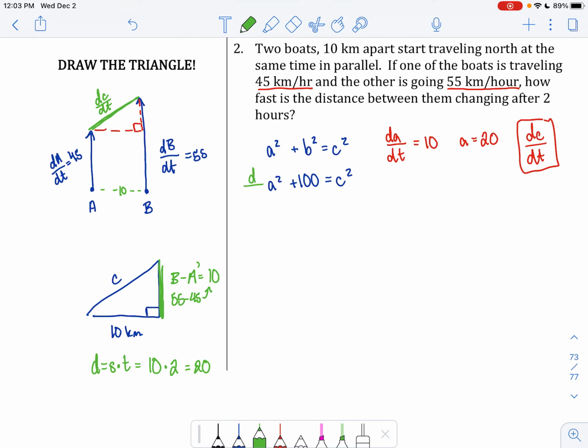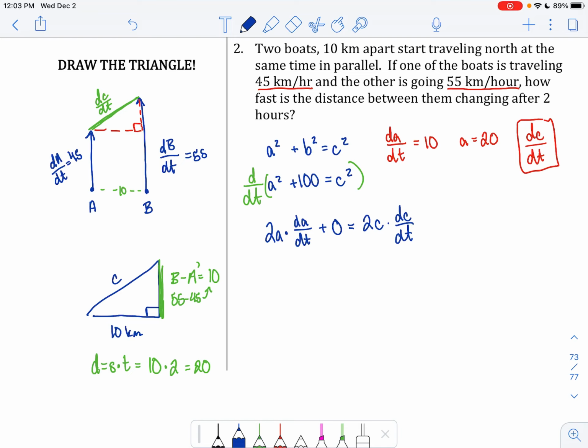So I'm going to start by using our d dt. The derivative of a squared is 2a, and then dA dt. The derivative of 100 is 0, it's a constant. The derivative of c squared is 2c dc dt.